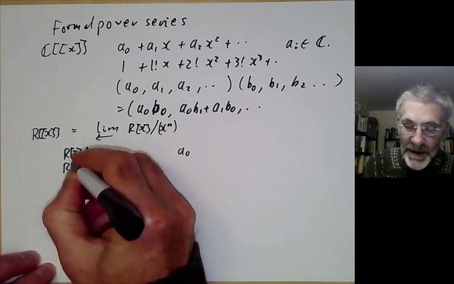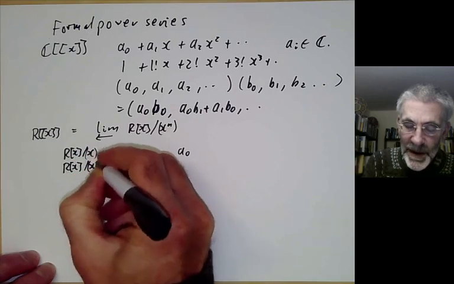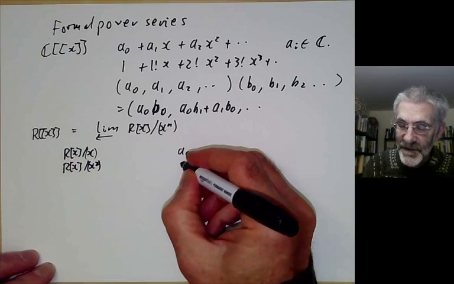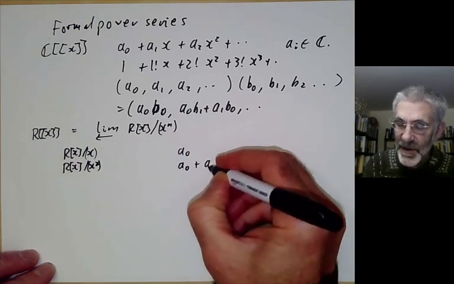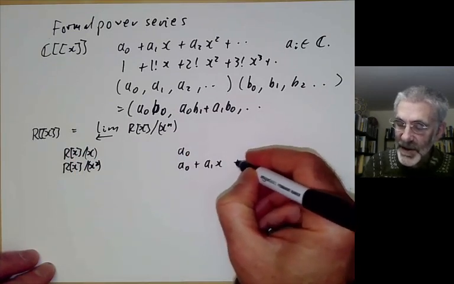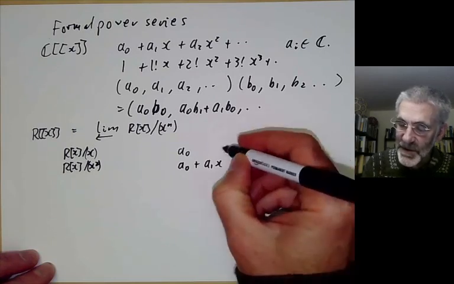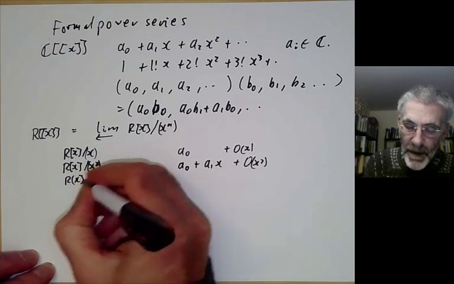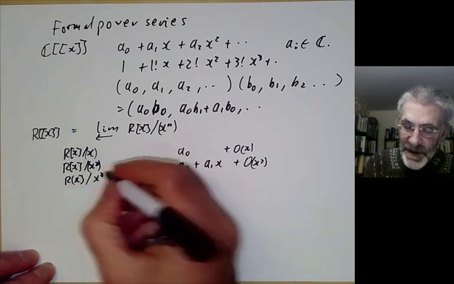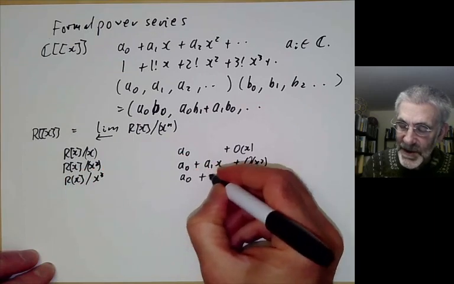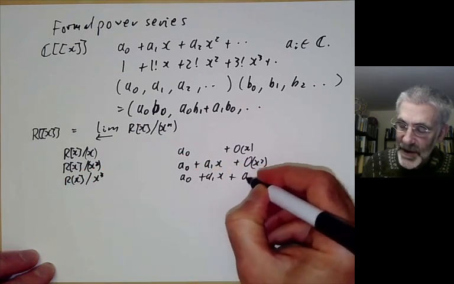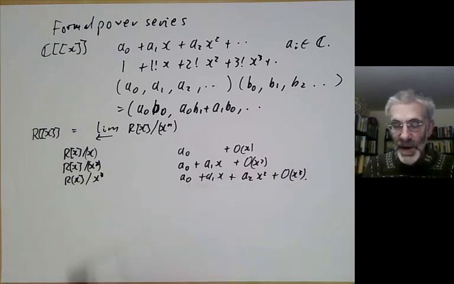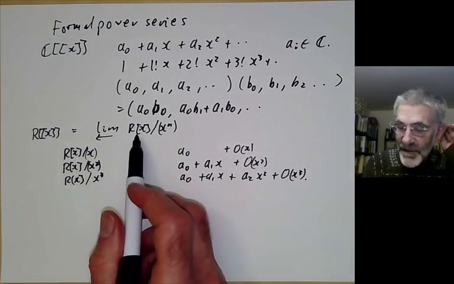If we look at R[x] modulo x squared, then that means we're ignoring x squared and above, so elements of this ring can all be represented as a0 plus a1x plus something times x squared. Let's write O of x squared. And R[x] over x cubed is similar. Its elements look like a0 plus a1x plus a2x squared plus some multiple of x cubed that we don't really care about. And now what does the inverse limit mean?